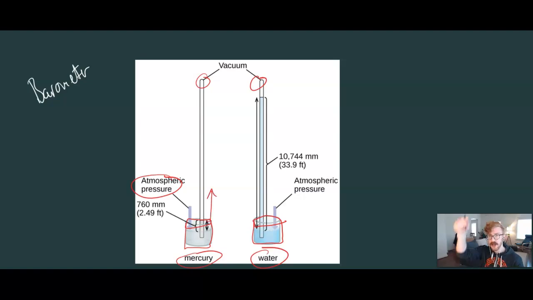If it's higher atmospheric pressure, it will push the mercury up into the tube, and we can measure that displacement in inches of mercury or millimeters of mercury, whatever we want. And if there's a decrease in atmospheric pressure, we would see that vertical displacement go back down in the barometer.